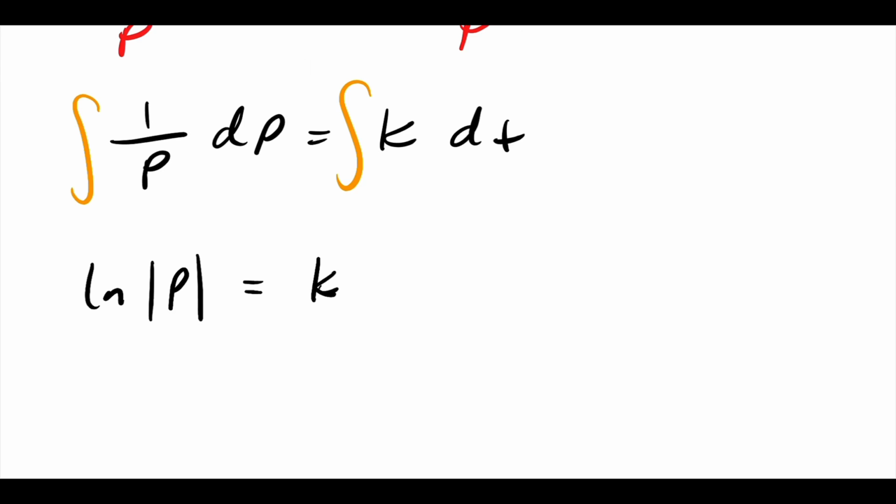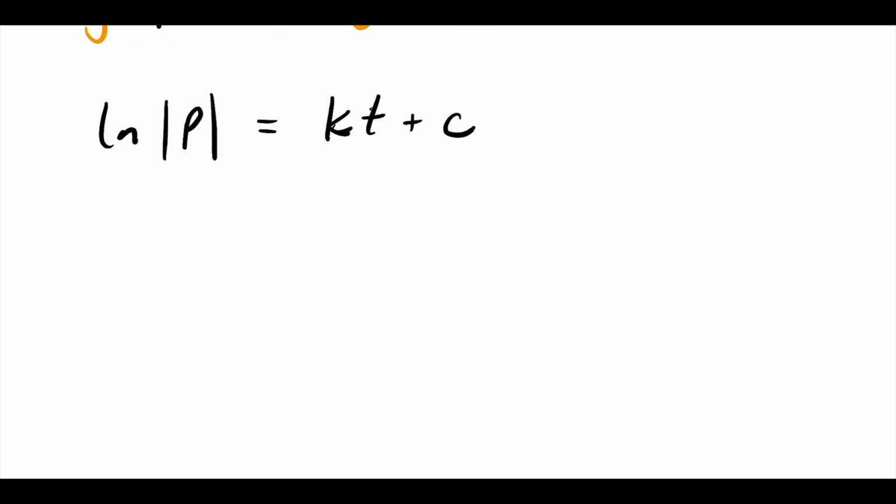What is it going to be this time? kt, because t is the independent variable now. Okay, so e to the kt plus c equals p. P is our dependent, right? So we're solving for p instead of y.